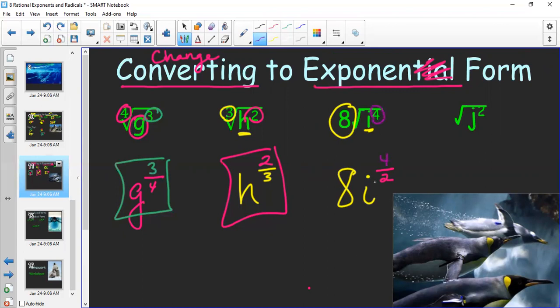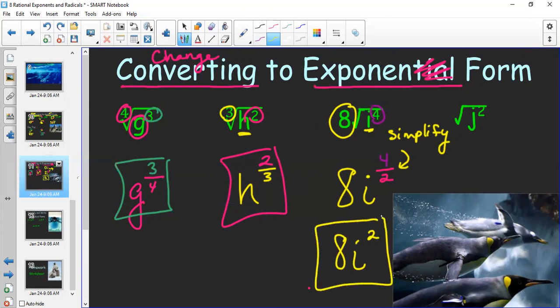And then even though this looks crazy, that's still a fraction, and you don't disregard everything you know about fractions. Anytime we see fractions, we always simplify. All right, so we are going to simplify that to 8i to the 2nd power. That is the better way of writing it.